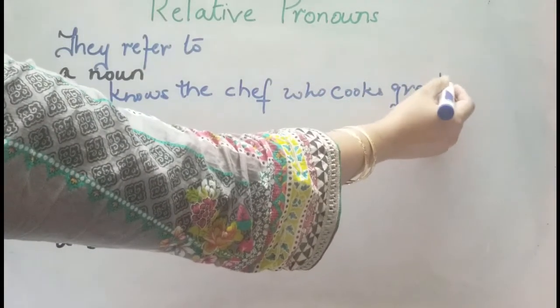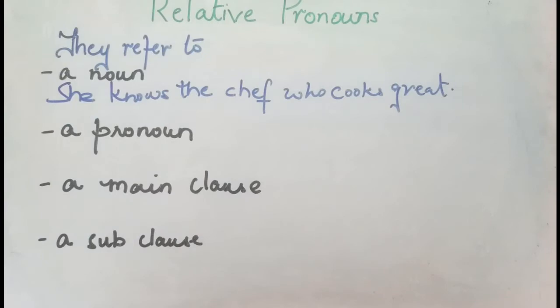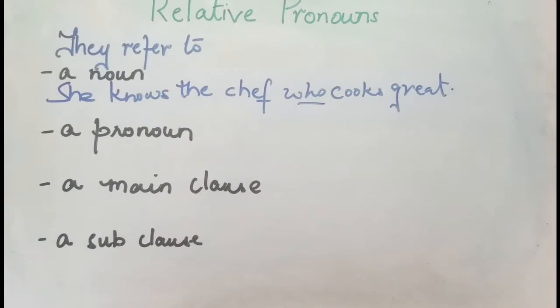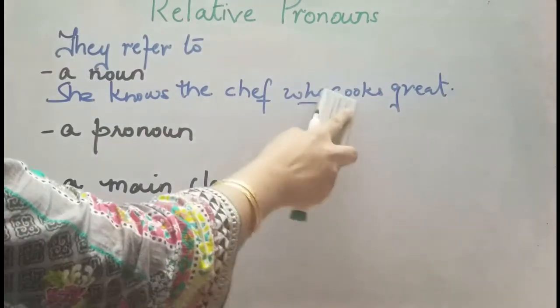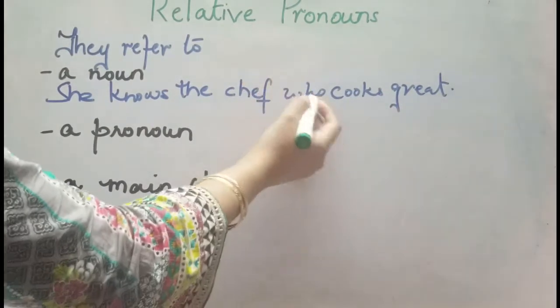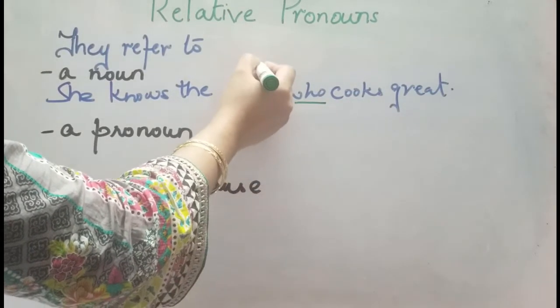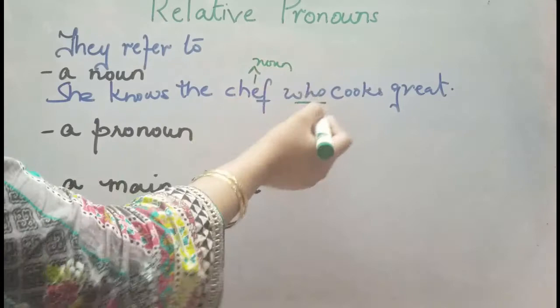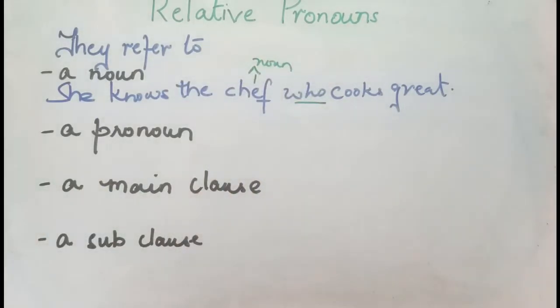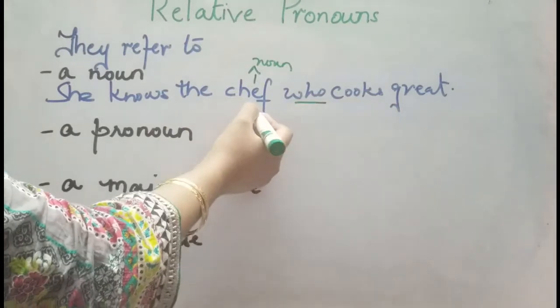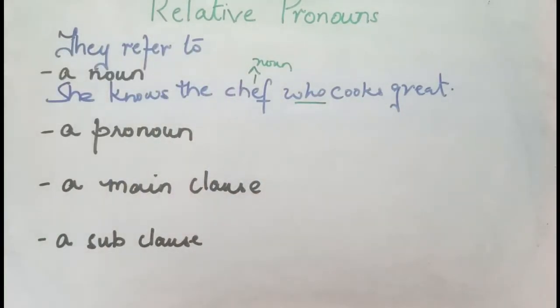Up till now you must have understood what a relative pronoun is over here. The relative pronoun is who, and the antecedent is a noun. Our chef is a noun, a person, so we have used who over here. So they refer to a noun. She knows the chef who cooks great. Who cooks great? The chef. So this is a noun.